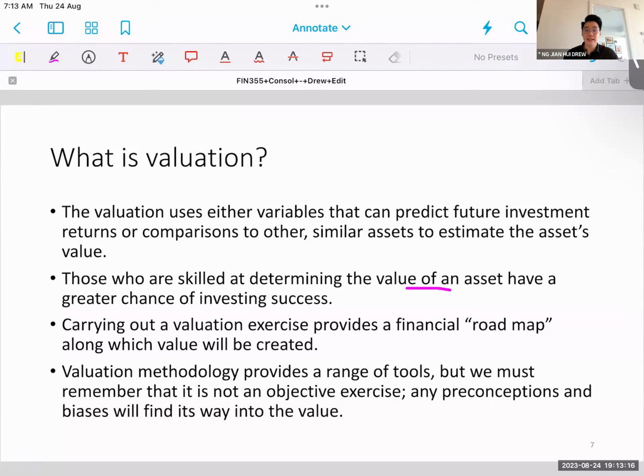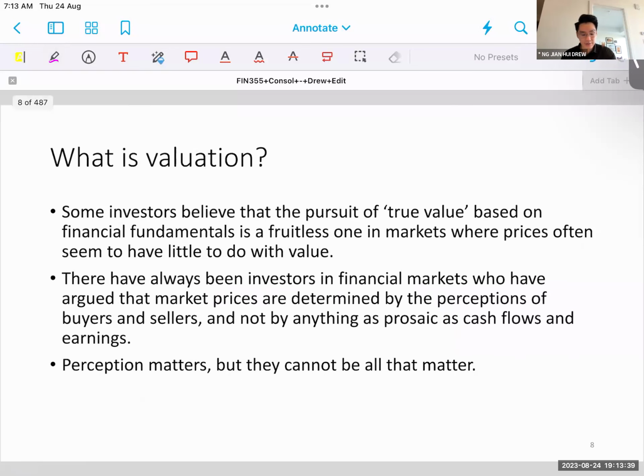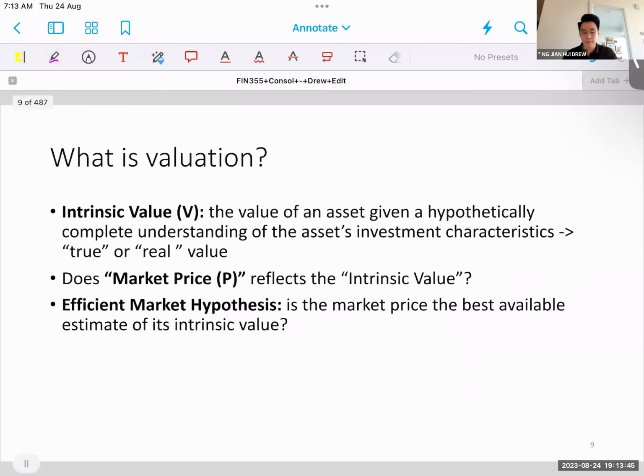The idea is that there might be some inefficiencies in the market, and because of that, we try to capitalize on the inefficiencies so that we can gain some abnormal returns. We would like to put it that way, all right? So this is just for you to read. Basically, we want to pursue the true value, nothing too important.